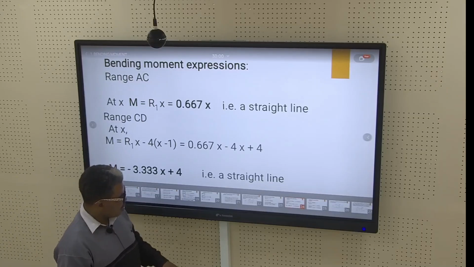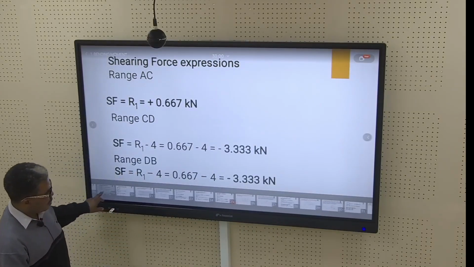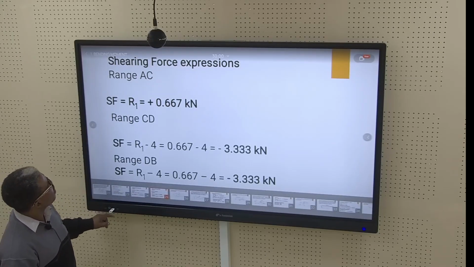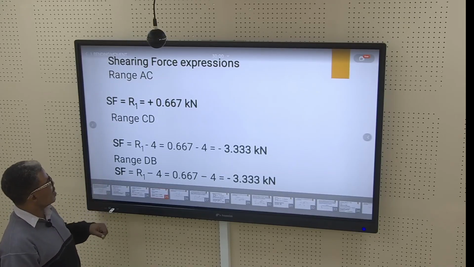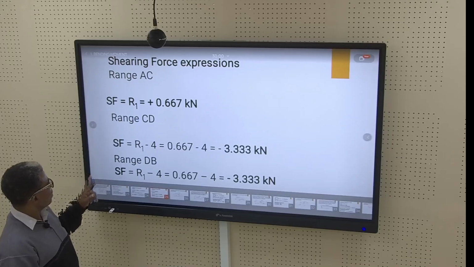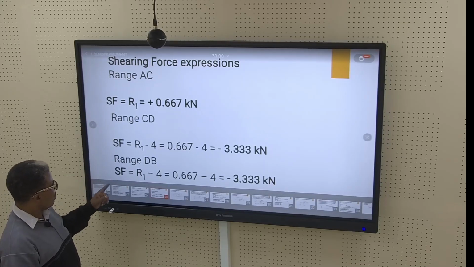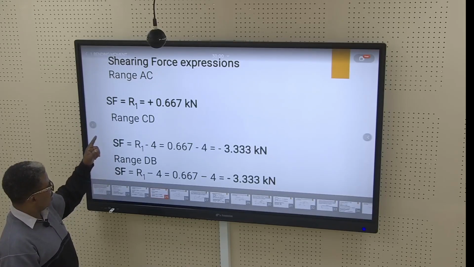So this one is, let's see, for shearing forces, range of AC, at AC, you remember that we had the reaction that is 0.667 positive going upward. Range of CD, taking R1, which was going upwards, minus the 4, which is going downwards.